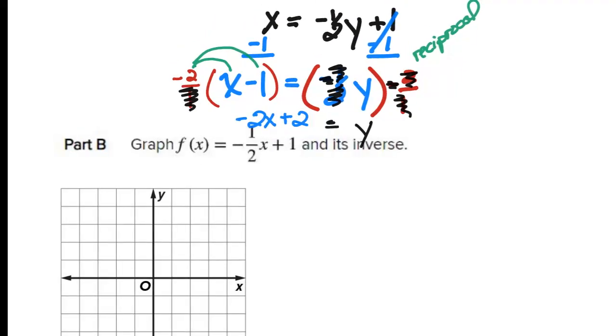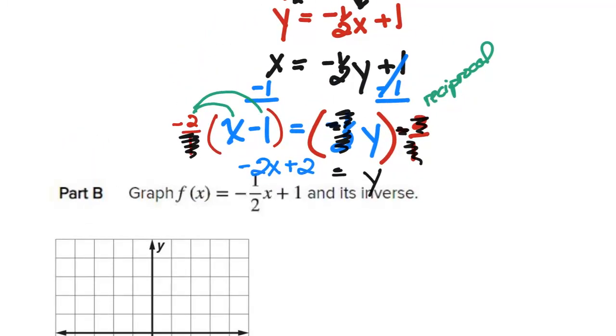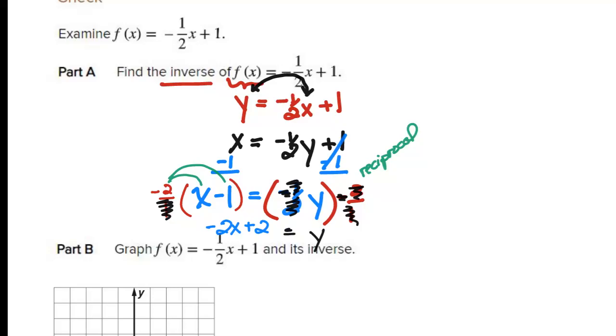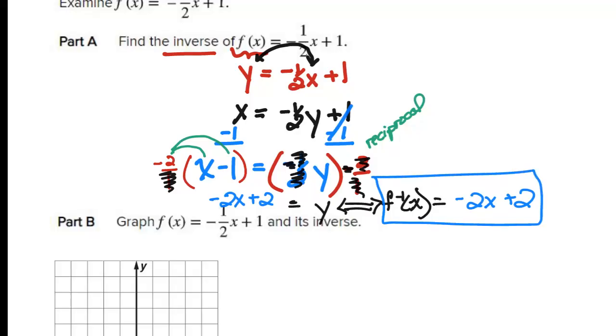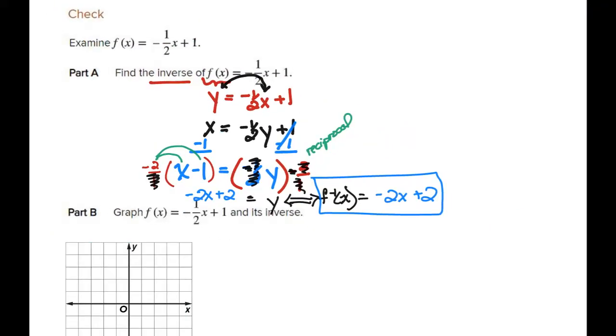And that's a really good thing, but we need to show it's an inverse. The last step we need to do here is to rewrite it as the inverse function of f of x. So you just replace that with that is equal to negative 2x plus 2. Okay?